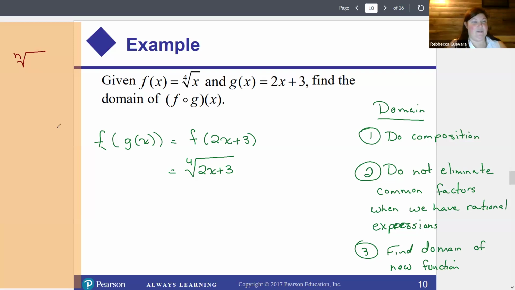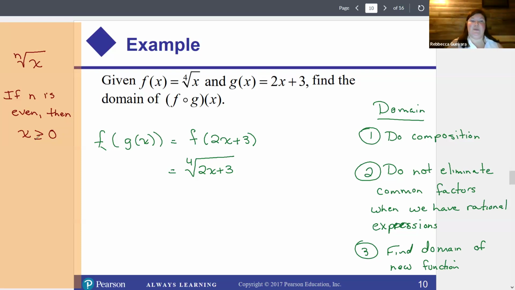So let's say we have the nth root of x, so something underneath that nth root. If n is even, then x would have to be greater than or equal to 0. We saw that with a square root.